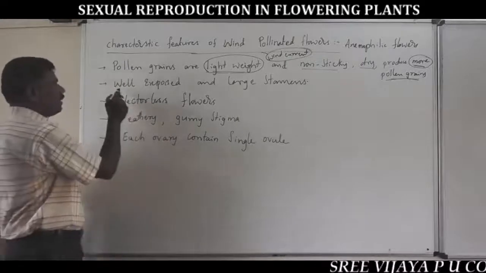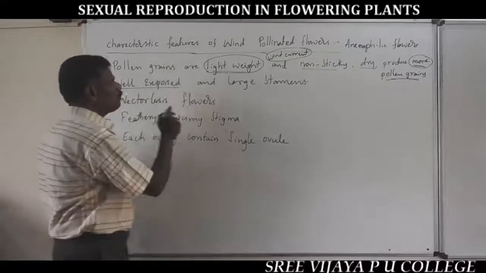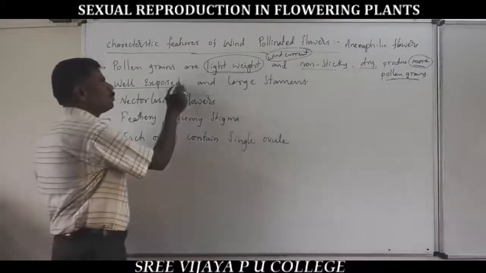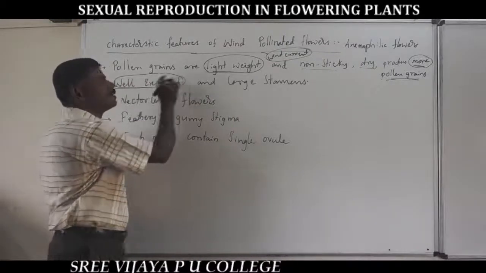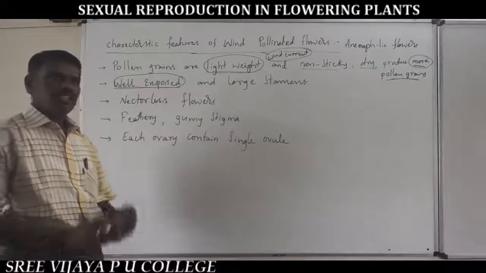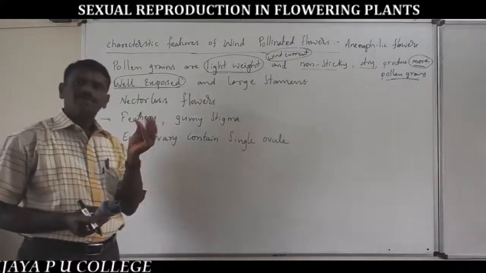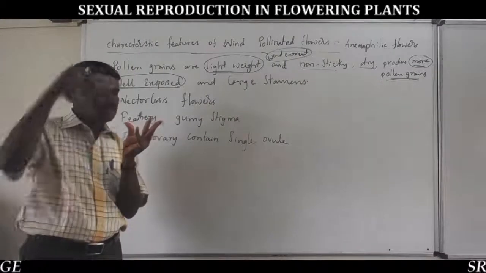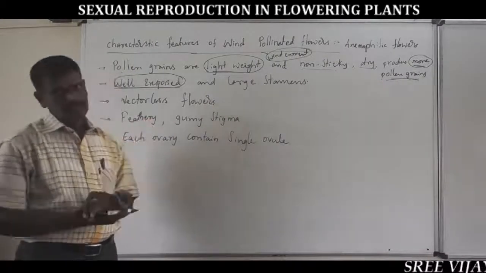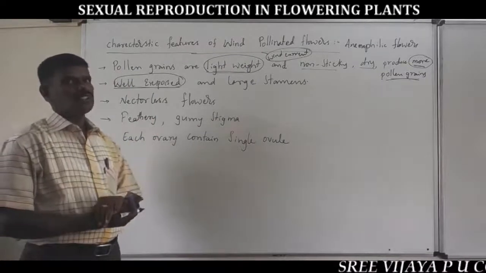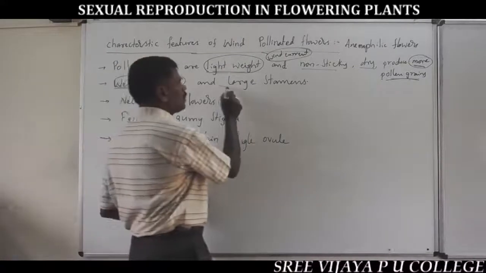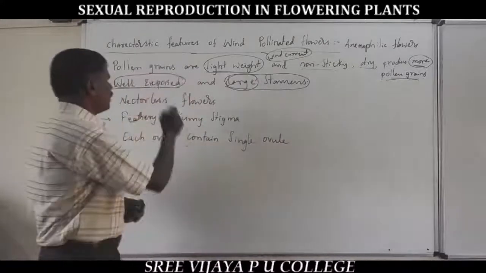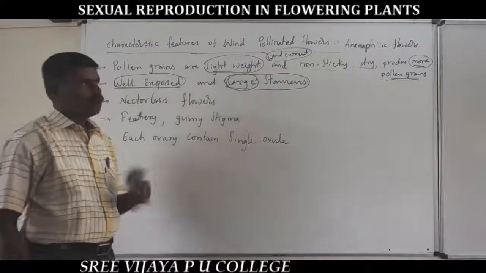Second, in these flowers there is the presence of well exposed stamens. The stamens are exhibited more. Why are they well exposed? The stamens are also large, large stamens and well exposed stamens. Why?